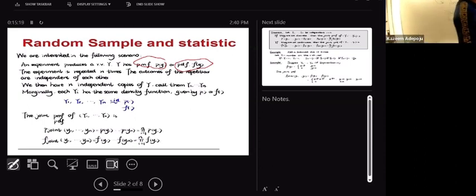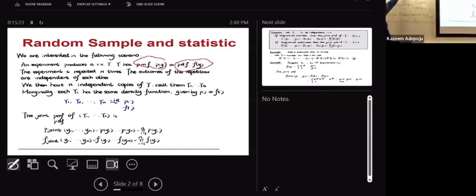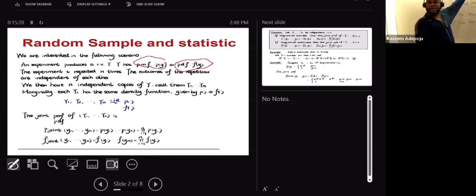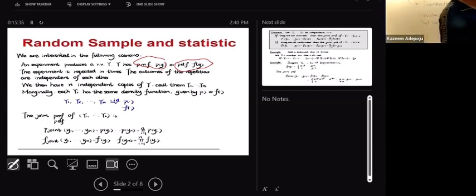So now if the experiment is repeated n times, the n times is going to be the sample size. How many individuals did I actually sample at random? That's what we call the repeated. The outcomes of the repetition are independent of each other.